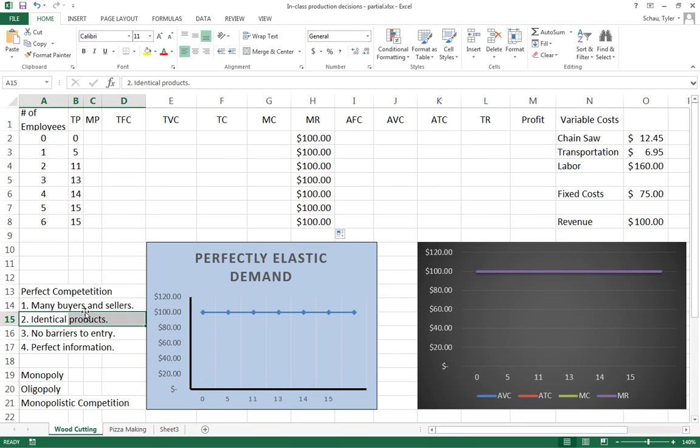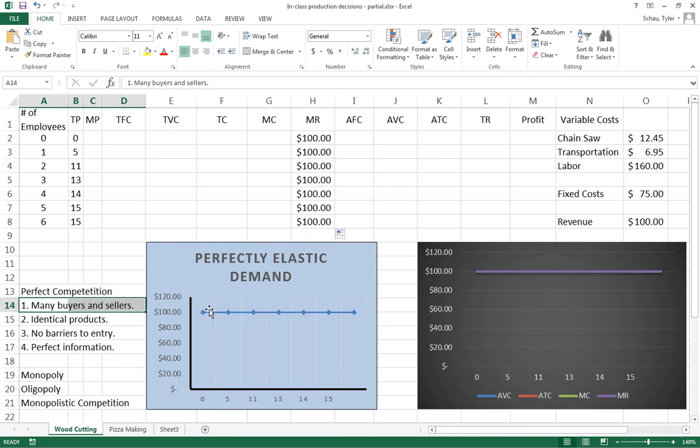One of the key tenets of perfect competition, a lot of buyers and sellers, means you have no price control. You do not get to control the price of the product. You have to take whatever the market is bearing today. And that's another idea we'll look at a little deeper when we look at the graphs in the next video.